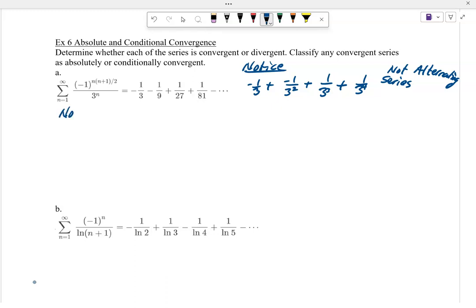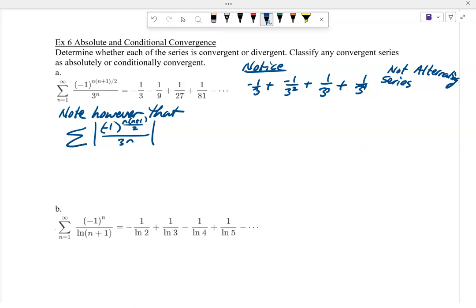So note though, I wrote that wrong. Let's think about the absolute value of this for a minute.